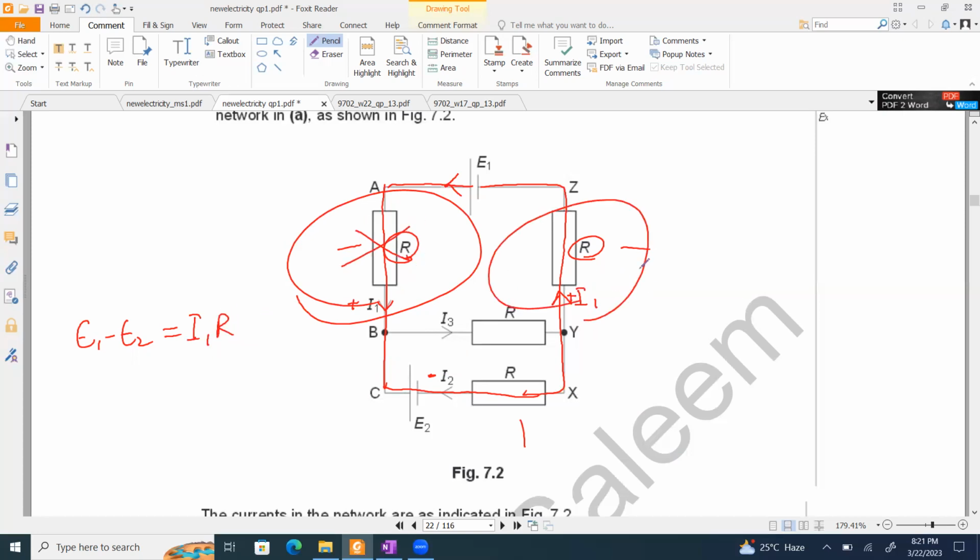Now the voltage of this one is also I1R, and I1 is taken as positive current. The last one is left, this one. This one has a voltage of I2R but with a minus sign. I1R and I1R makes it 2I1R and minus I2R. This could be written as your final equation.